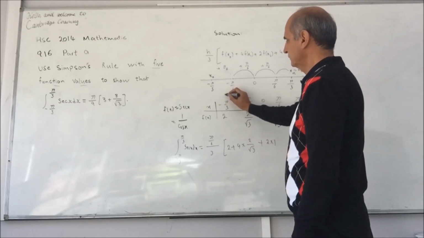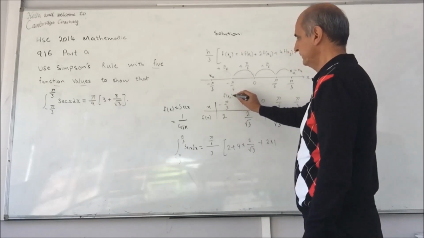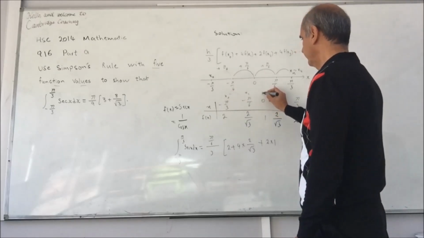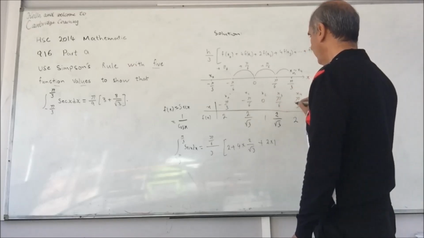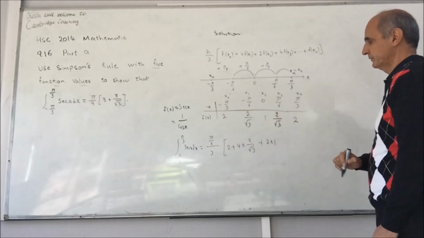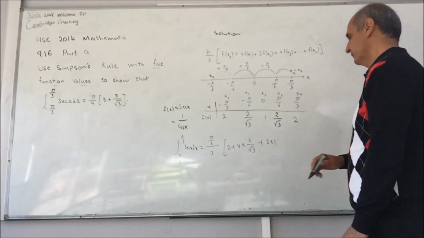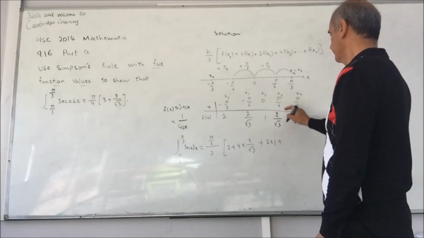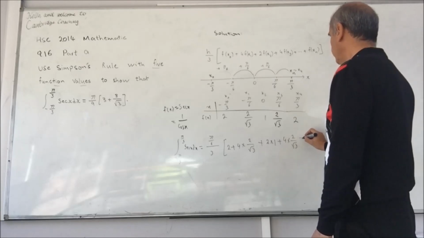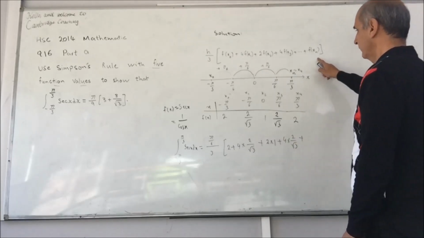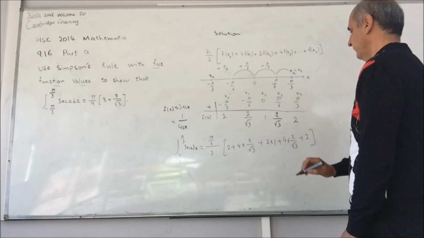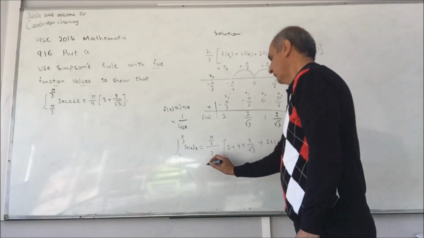To avoid confusion, you can start by saying this is x0, x1, x2, x3 and x4, and then these are going to be f of x0, f of x1, f of x2, f of x3 and f of x4. Okay, so 2 times 1, plus 4 times 2 on root 3, plus, now I'll go to the last one, which is 2, and I write just 2 because it doesn't have any coefficient.